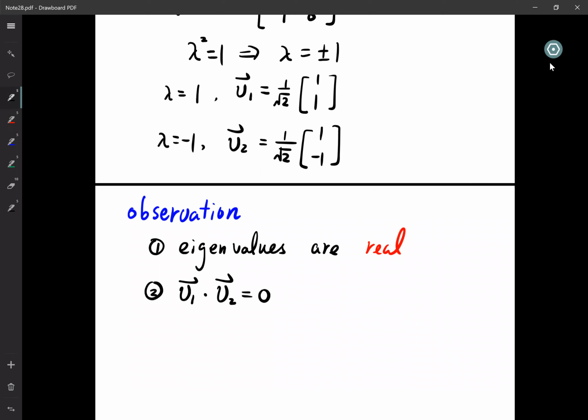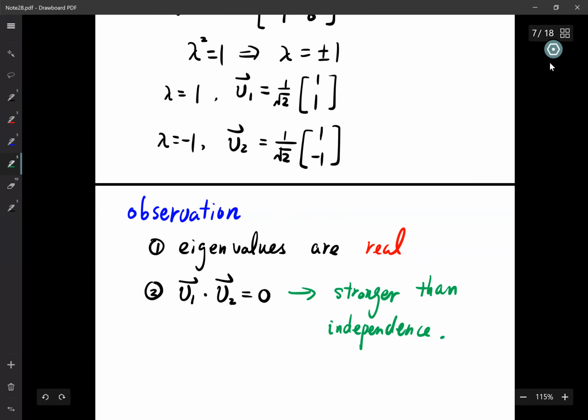Before, remember, we only proved that if v1 and v2 correspond to distinct eigenvalues, they are linearly independent. But now this is even stronger than independence.